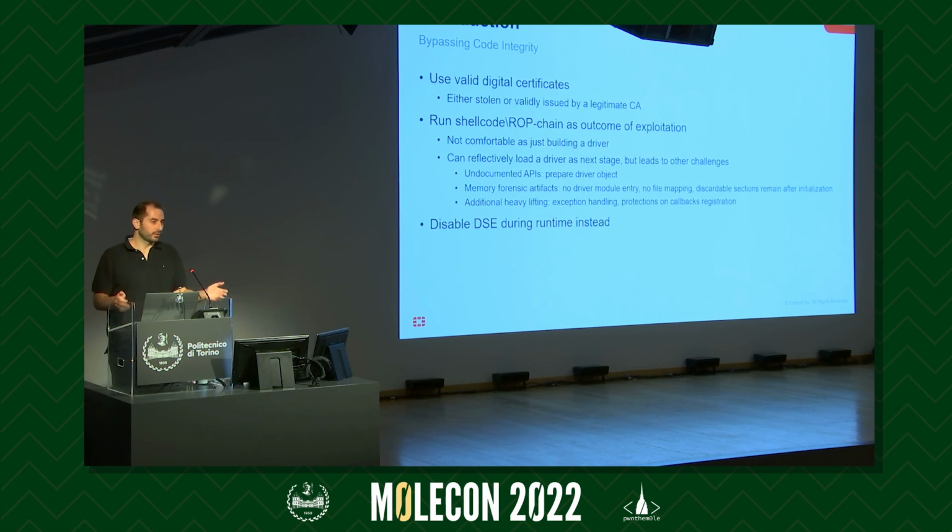At the end, writing assembly code and shellcode is likely not as easy or comfortable as just writing C code and having a compiler build it. And there are also some complexities to it when you try to run it in the kernel. Kernel mode is not that nice an environment. So the last thing that attackers usually do is just disable this enforcement at runtime and leverage the entire OS, the normal process of loading a driver.